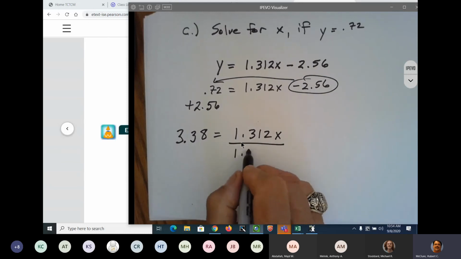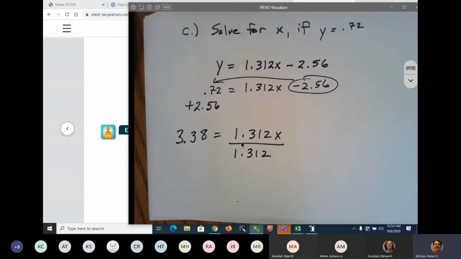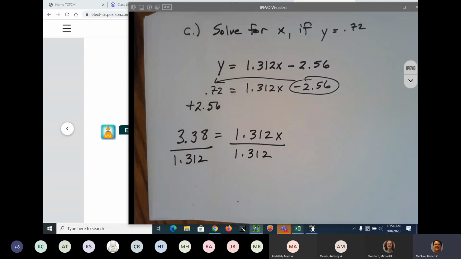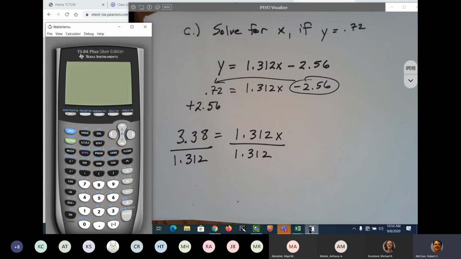Divide by 1.312. Divide by 1.312. And that's going to be 3.38 divided by 1.312. 2.576.